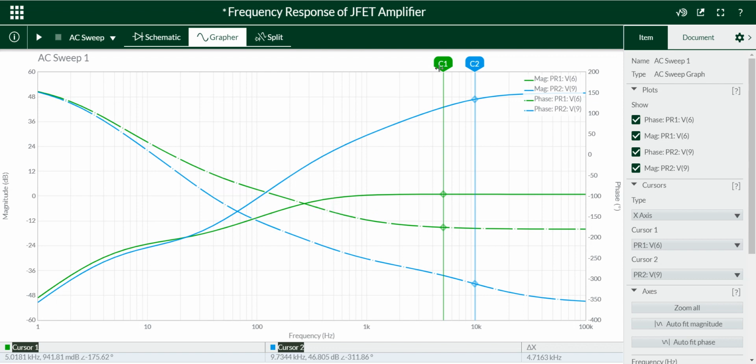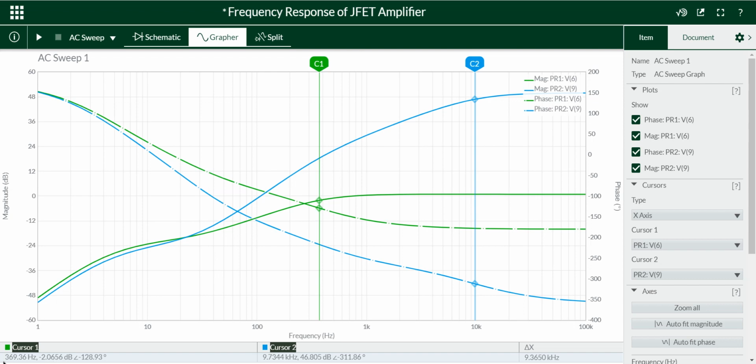Move the cursor till you get -2.058 dB. Just go on moving till you get -2.05 dB. So -2.06 is the nearest value.